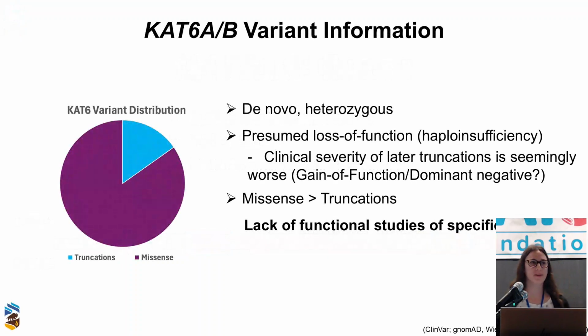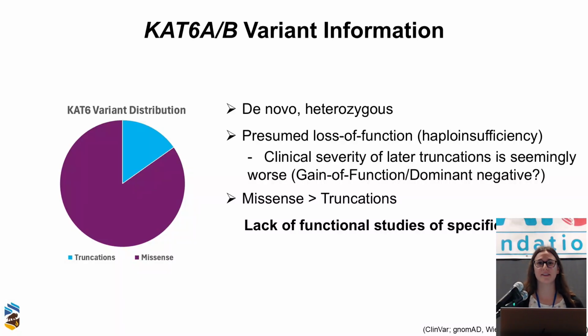A little bit about KAT6A variant information. A lot of our research focuses on the different genetic changes that we can see in the KAT6A and B genes. What we know is that many of these genetic changes are de novo and heterozygous.